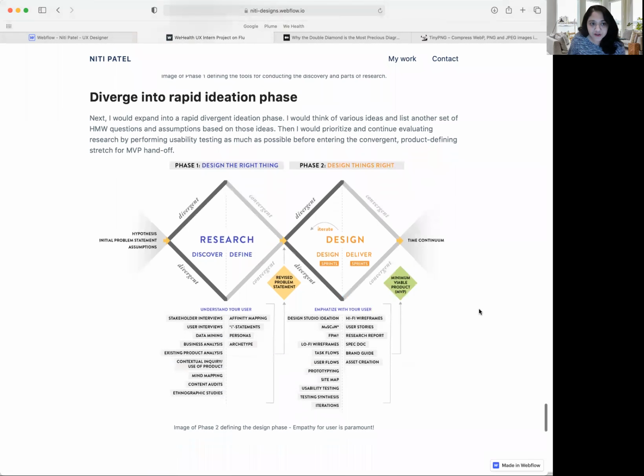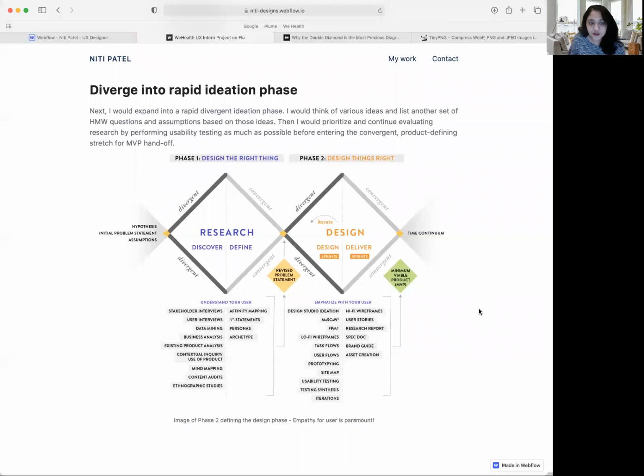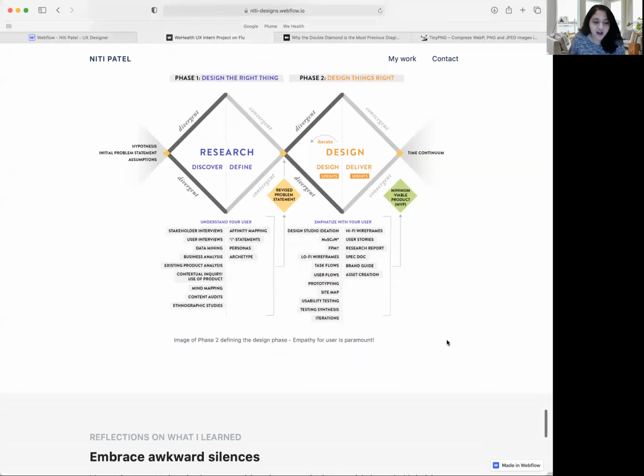The information gathered from the users doing usability testing, while testing those solutions, will inform us further about the end users. And I would iterate on it, and I would repeat these cycles until I make the product perfect. And that would be our minimum viable product. And finally, we ship that.